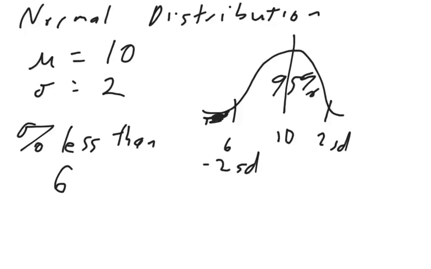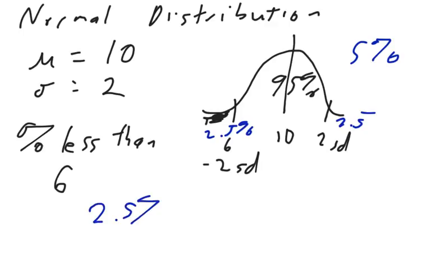So that means that I have 5% left over. Well, if I have 5% left over, and this is symmetric, I'm going to put 2.5% in here, and 2.5% in here. So that means that my answer must be 2.5% of the data is less than 6.